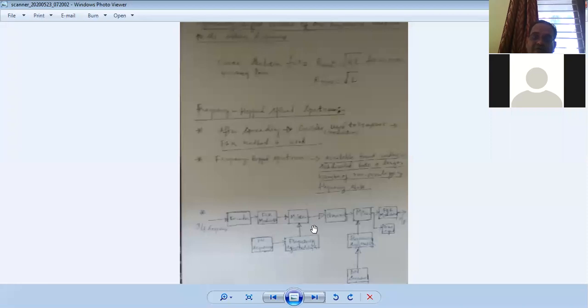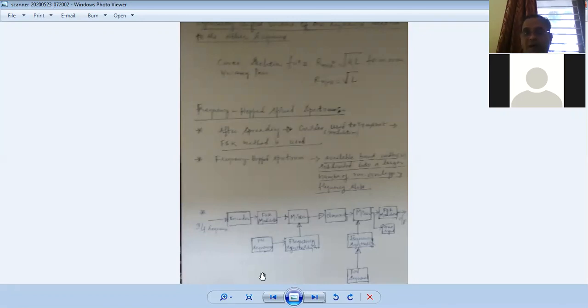This is the frequency synthesizer. This PN sequence will generate a code and select the frequency Fc. This frequency will be mapped into the FSK modulator and sent across the channel. This is the transmitter part, and this is the receiver part.